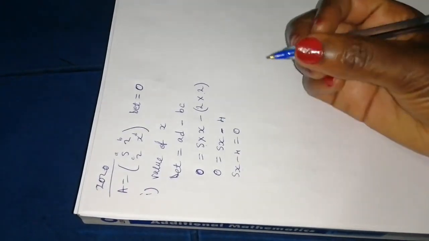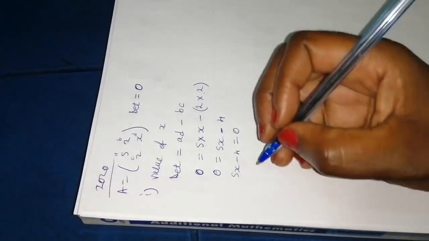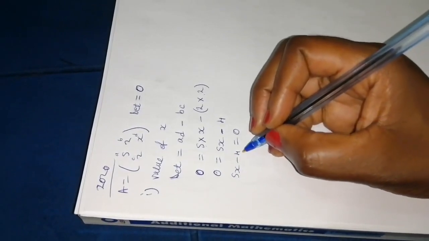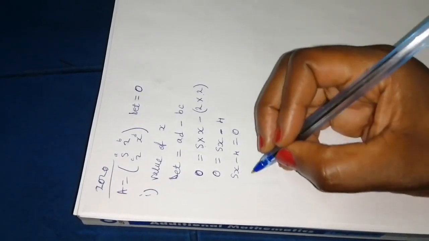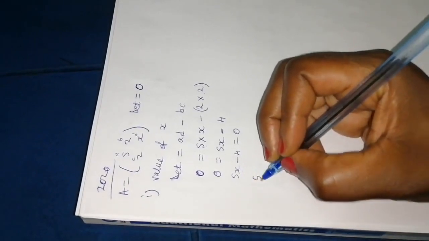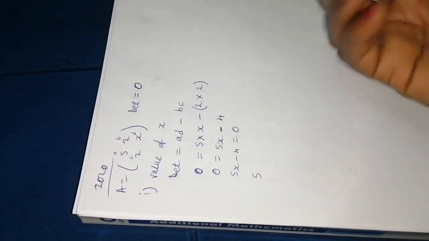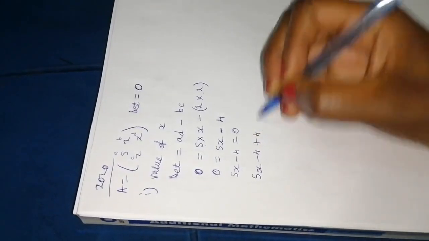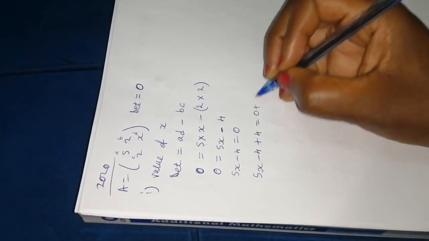Solving for x, we introduce the additive inverse. So the additive inverse here is positive 4, since this is negative 4. So we add the additive inverse both sides. 5x minus 4 plus positive 4 equals 0 plus positive 4.